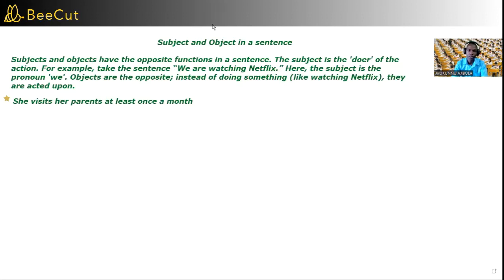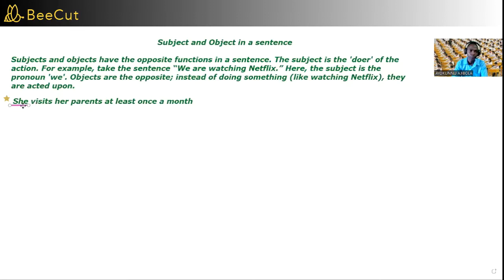Of course, the subject is the performer of the action. Who visits parents once a month? That's she. So this is the subject, while the people that she visits at least once a month are the object.